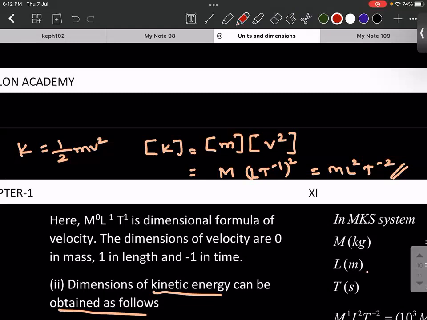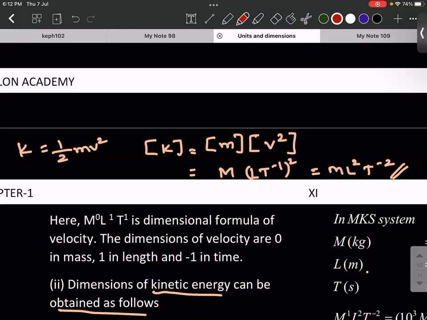From this point, the lesson that you learn is, in 9th standard you had a chapter called work, energy, and power. Remember? So what is energy basically? The simplest definition from your textbook: the capacity to do work is called energy. You wrote the formula for kinetic energy. Similarly, you have potential energy. Similarly, you have work done.